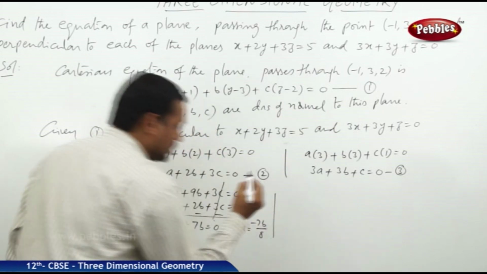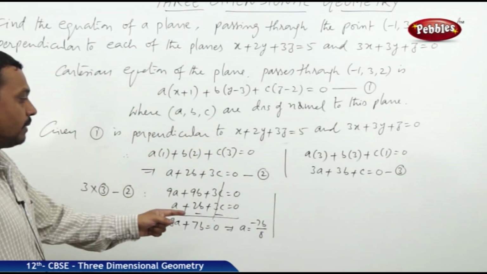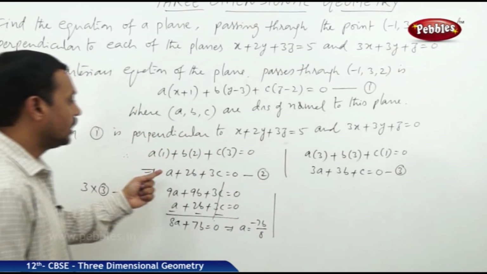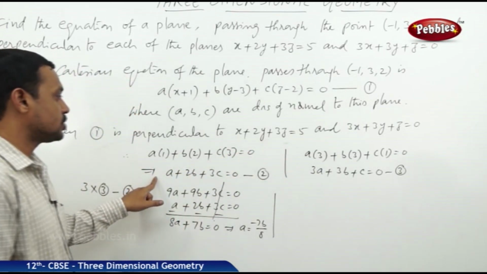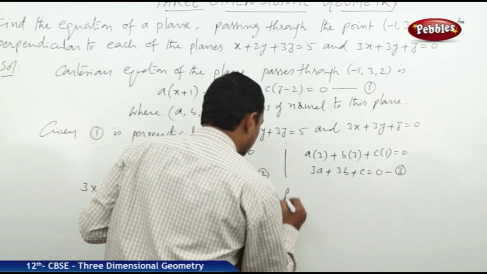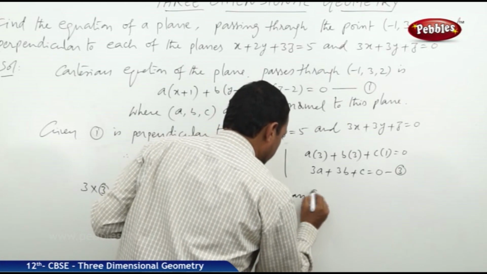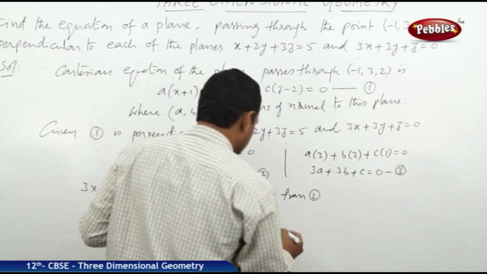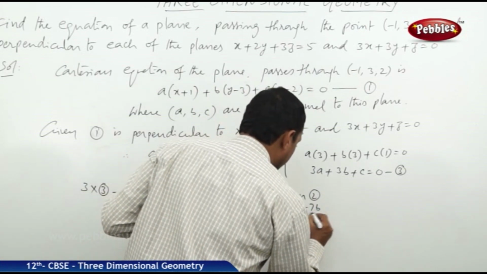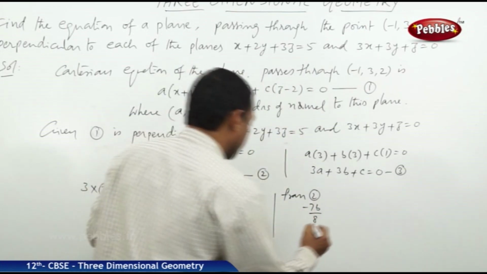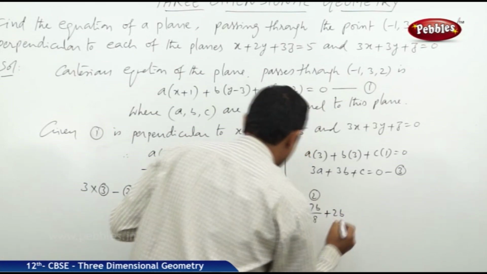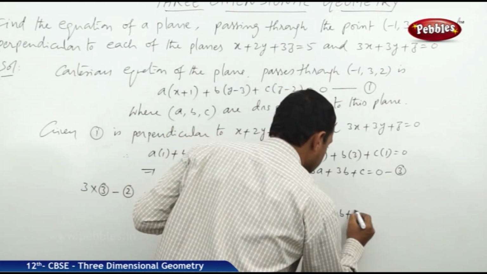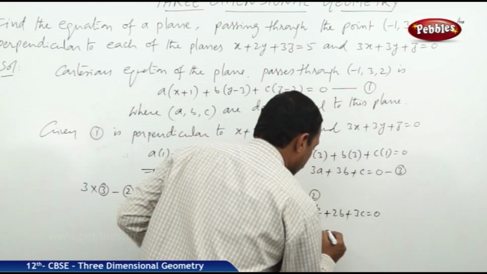Okay, now substitute a is equal to minus 7b by 8 in either of the two equations 2 and 3. Now I am going to substitute the value of a in the second equation. Then minus 7b by 8 plus 2b plus 3c is equal to 0.